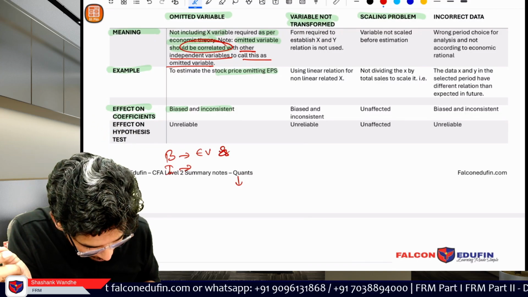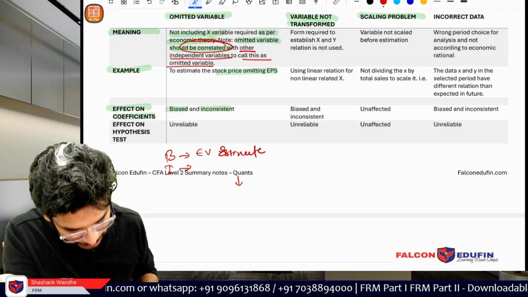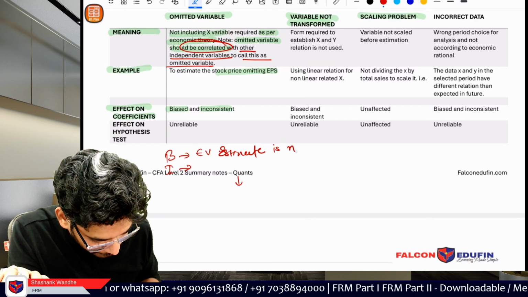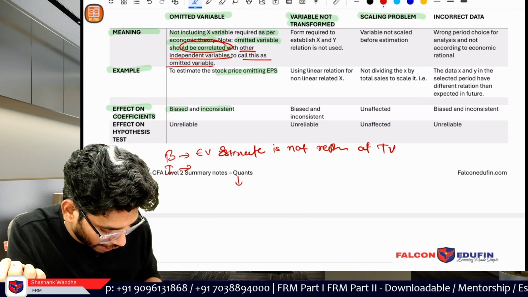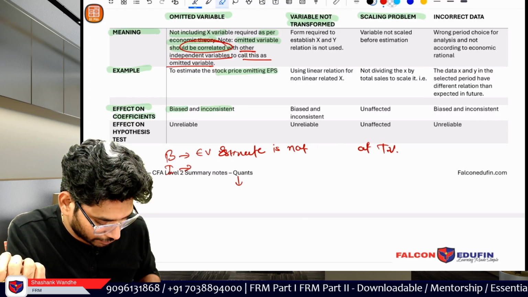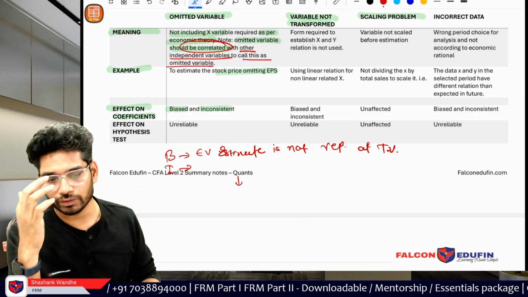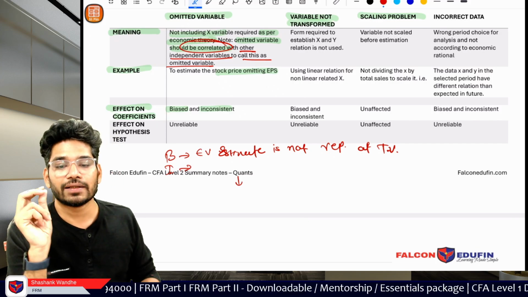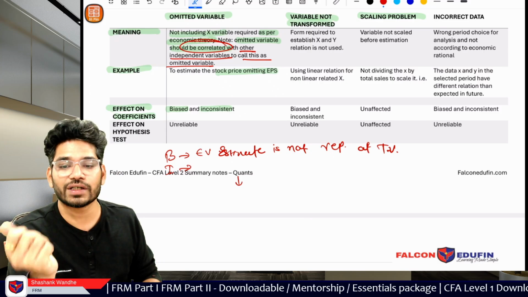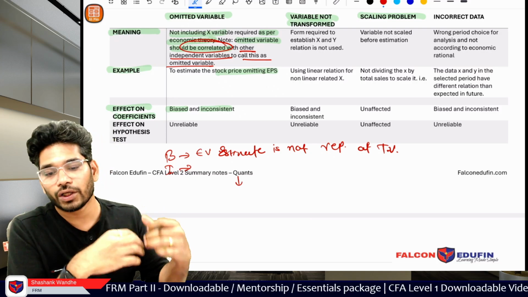The expected value of the estimate, that is the value you derived from the model, is not representative of the true value. It should be, broadly speaking, exactly equal to it. This is known as biased. If the coefficients are biased, then you won't be able to get the true value using these estimates.